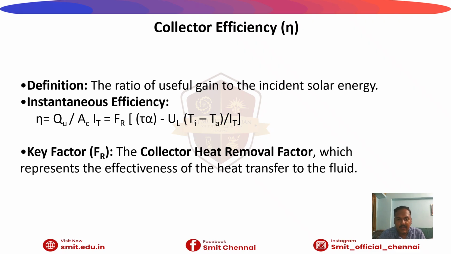This equals FR into tau alpha minus UL into TI minus TA, all divided by IT. The key factor here, FR, is called the collector heat removal factor, which represents the effectiveness of the heat transfer to the fluid.